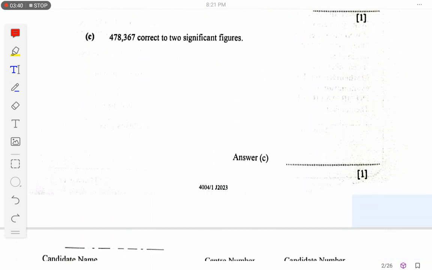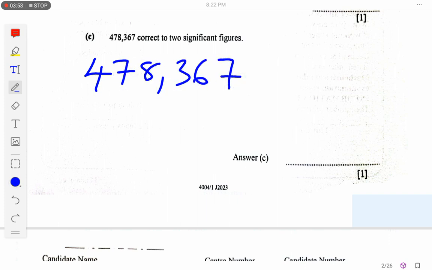Now we are to correct this to two significant figures. Okay, so let me write this, 478.367. When they say two significant figures, it means we are considering these two first values, because they are non-zero numbers.